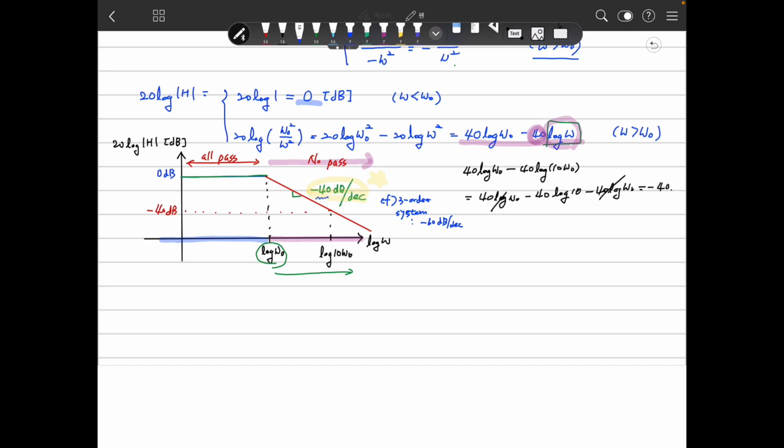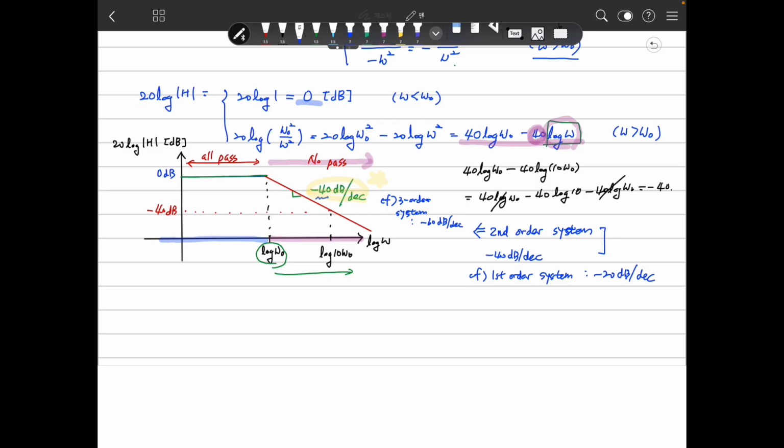So we know that the second order system is minus 40 dB per decade, and the first order system has minus 20 dB per decade. And there is one more important thing here.